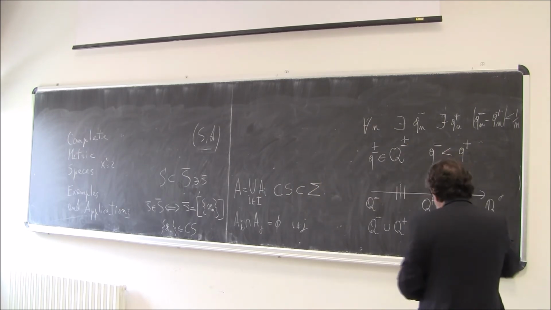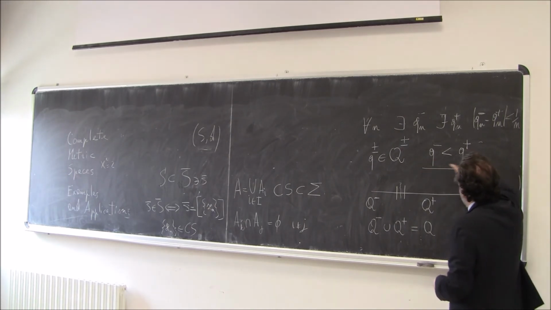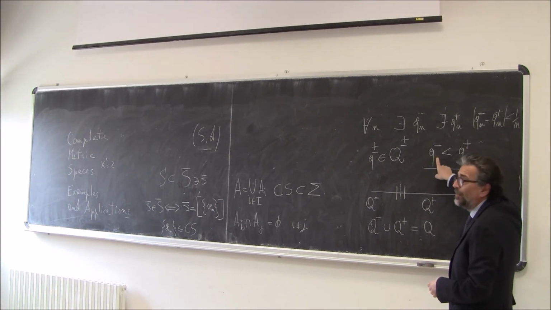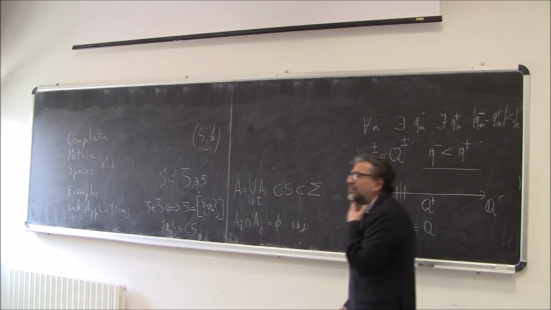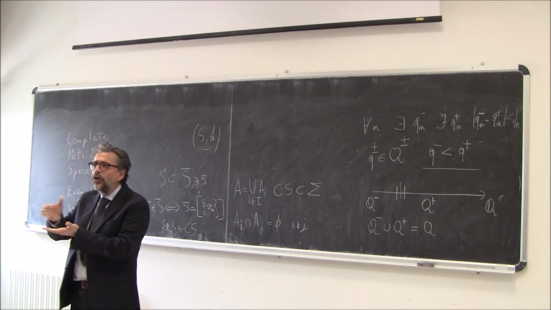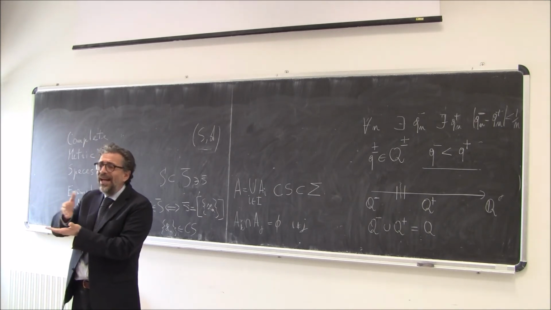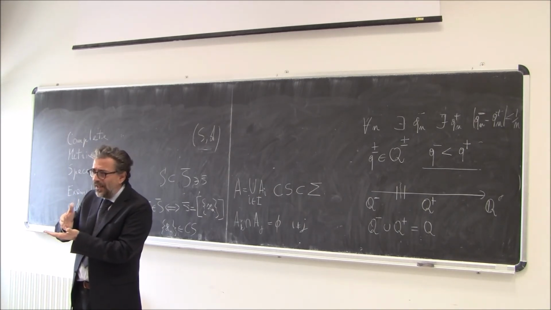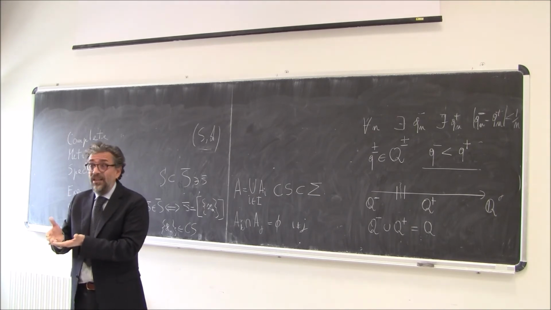When I consider Dedekind sections, I need to know what it means that one element is smaller than another element of the initial space. So I need an order relation in the set, in the metric space from which I'm starting.